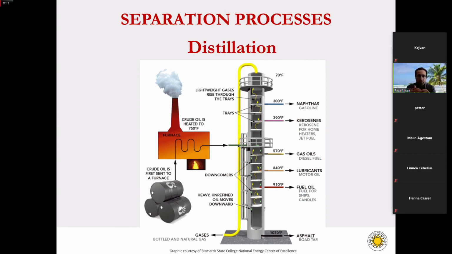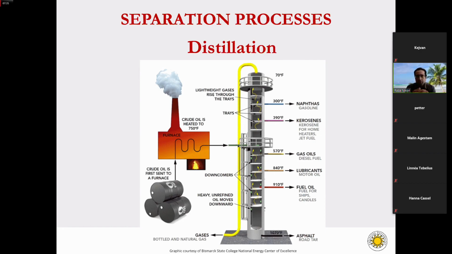So we can produce naphtha, which is gasoline, kerosene oil, jet fuels, oil for home use, gas oils, lubricants, fuel oils, and paraffin waxes, like the candles that we use in our daily life. So many different types of components can be produced from the distillation of crude oil.